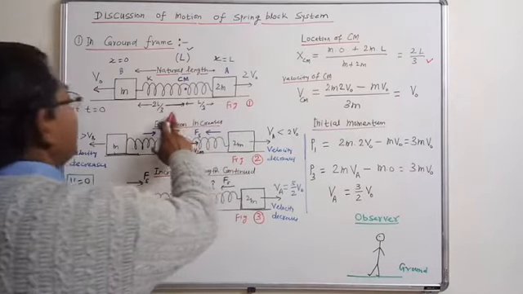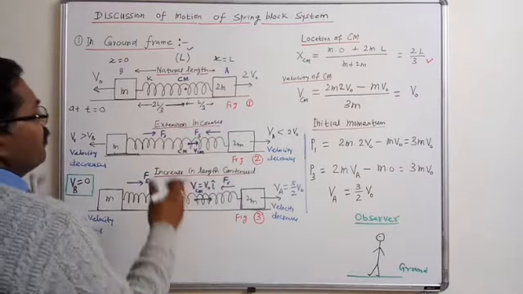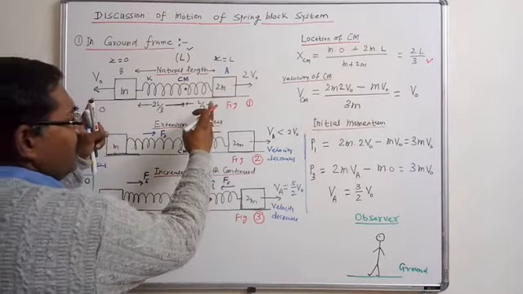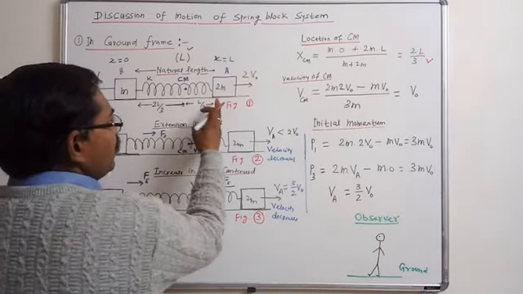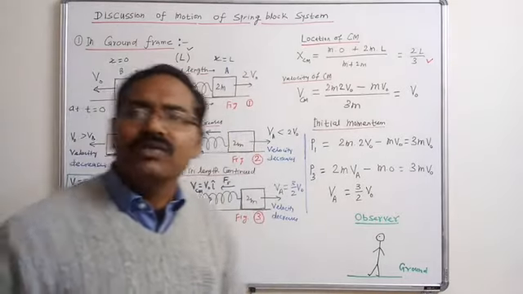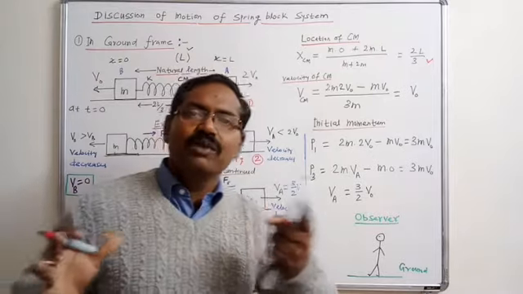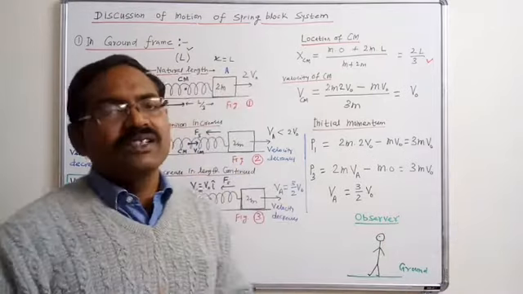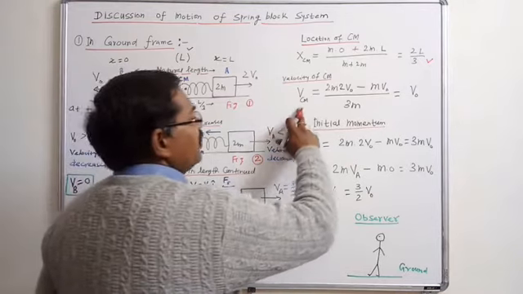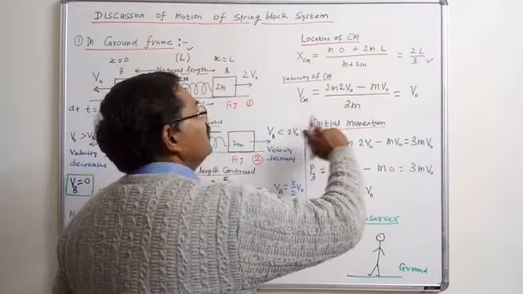Now we can calculate velocity of center of mass, because in this case both the blocks will be moving as a system as a whole in this direction, and that velocity will be the velocity of center of mass, means system will move with the velocity of center of mass. Therefore I will use formula VCM, that is m1 v1.